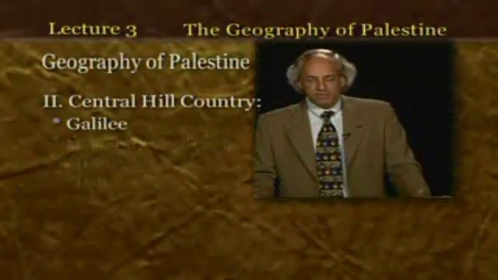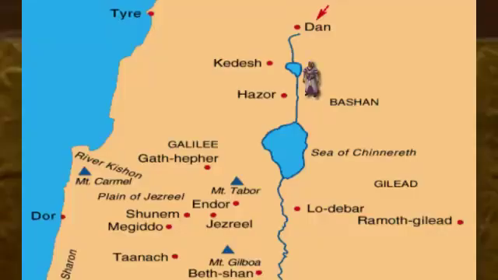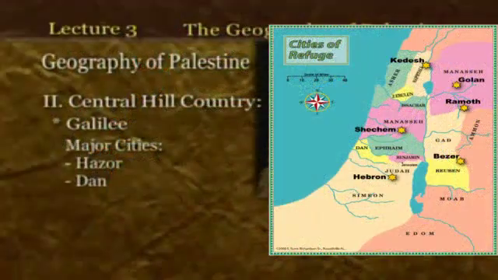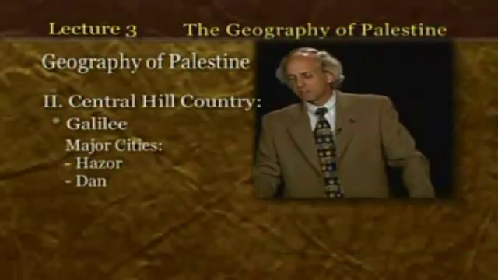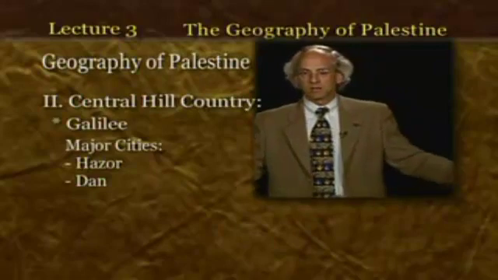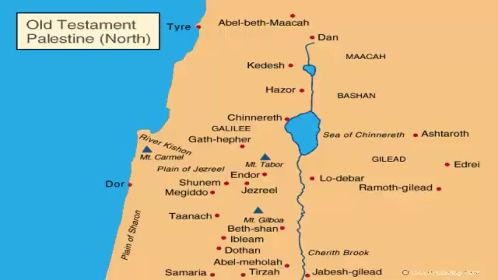Up in the Galilee, there are some major cities that played major roles. Hatzor is a huge site, and prior to it becoming an ancient Israelite site, it was a huge Bronze Age Canaanite city, a very important administrative city with a huge acropolis, and one of the largest tells in the land of Israel.